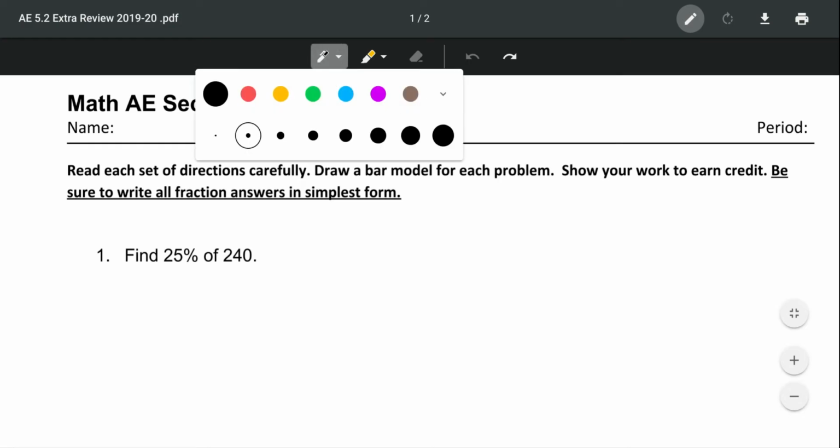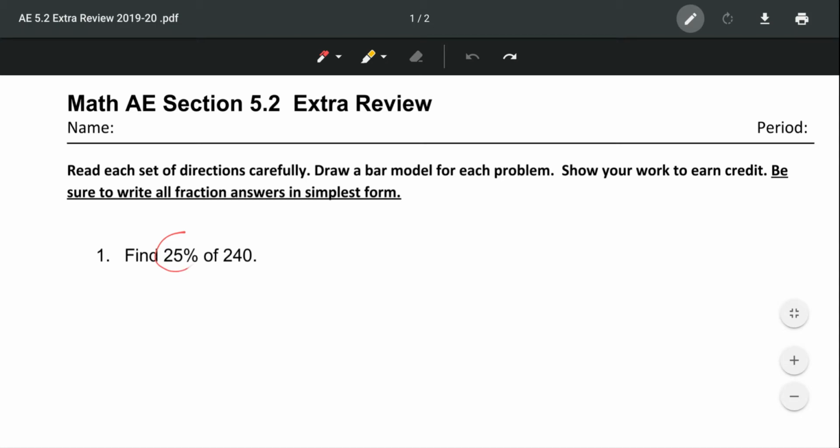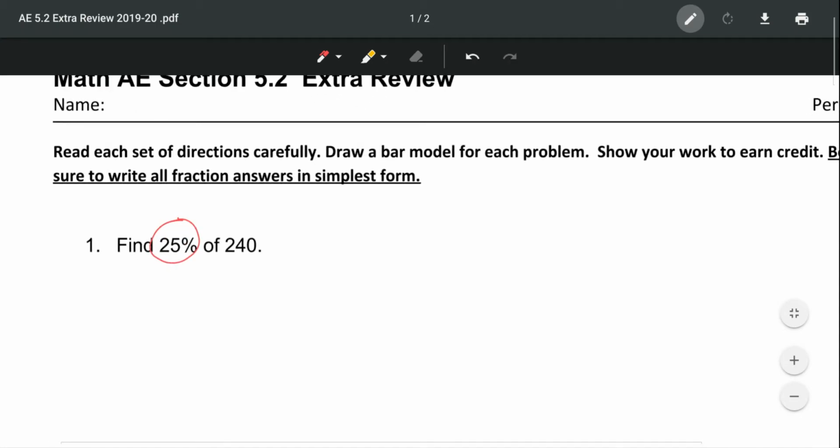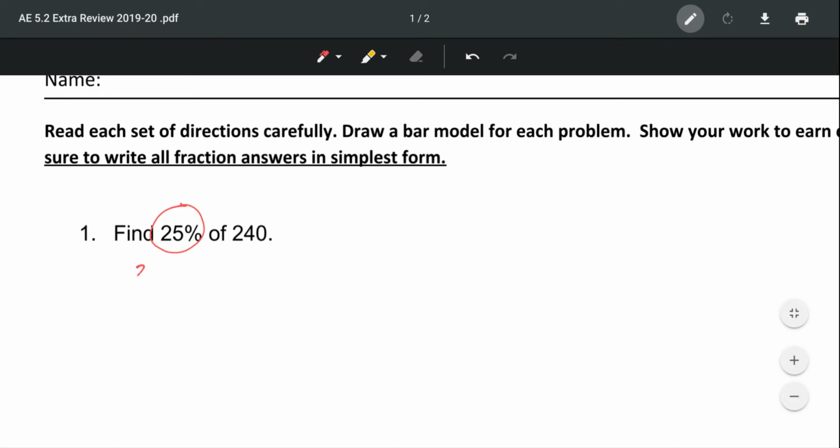The first step is to take the percent and write it as a fraction. Remember, percent means out of 100, so 25% means 25 out of 100. Then you want to reduce that. Divide the numerator and denominator by 25, and you get 1/4.